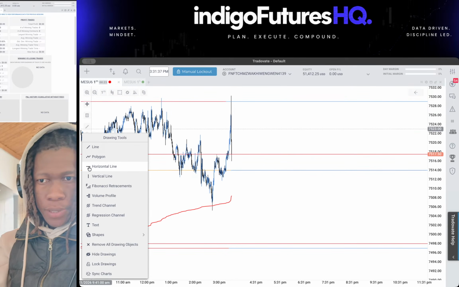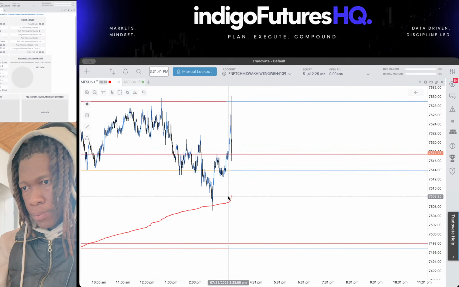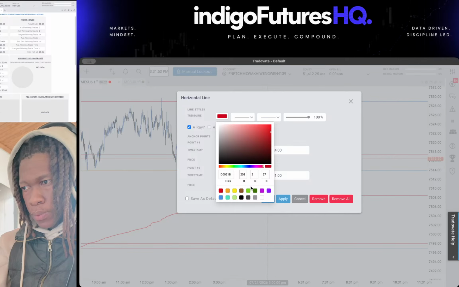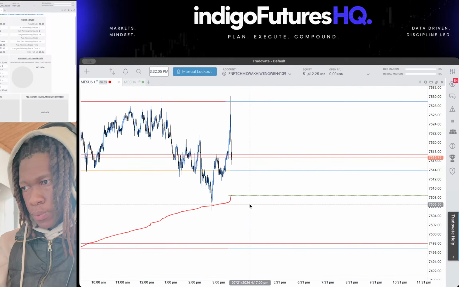So let's make that green. Just make it a little less significant. So just make a dotted line so we remember what it is.